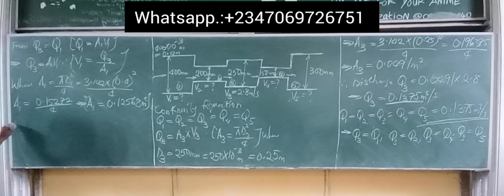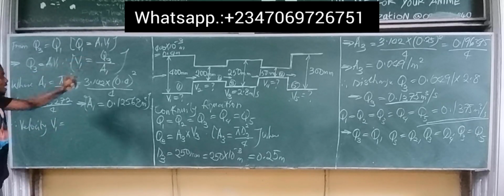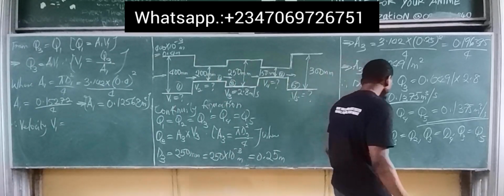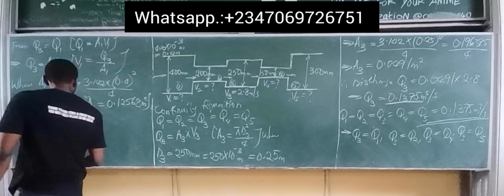So if you obtain this for the area of pipe 1, then we can now compute velocity in pipe 1. Therefore, velocity V1, the velocity in pipe 1, we said is simply discharge at pipe 3, and Q3 was given to us, we obtained the value here as 0.1375 meter cube per second.